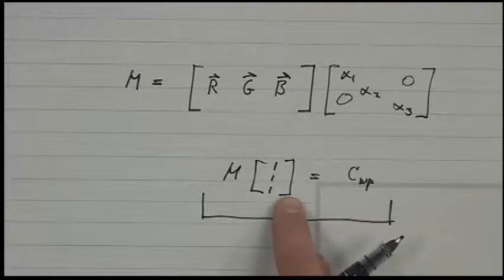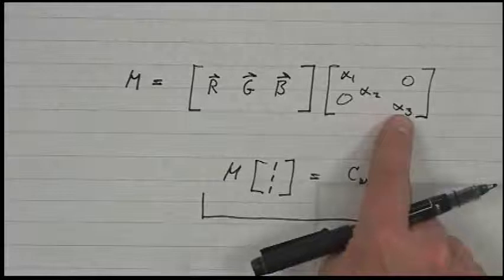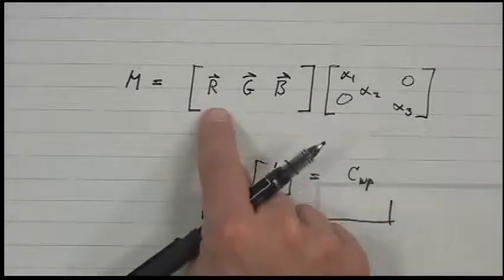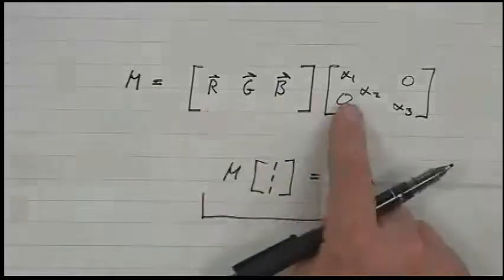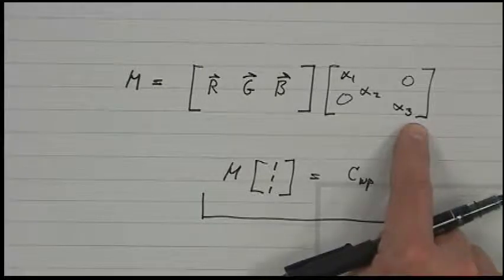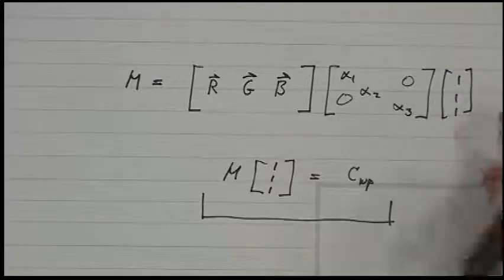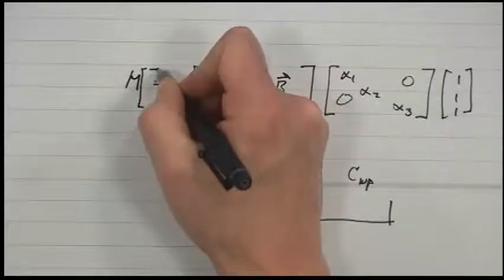Okay, so when I change these values of alpha, I'm not changing the color primaries of the color system, because if I put R in, I still get the same chromaticity out. But I am changing the white point. So if I were to put in 1, 1, 1 here, then this vector multiplies, and that would equal this.